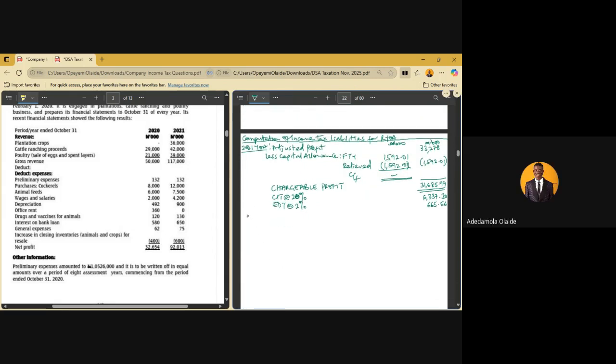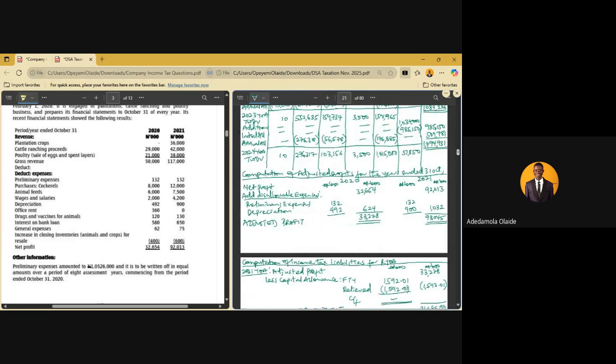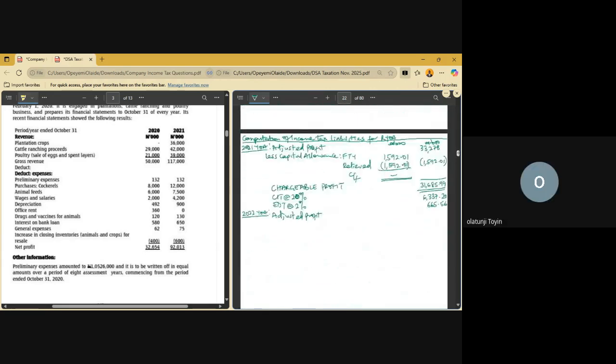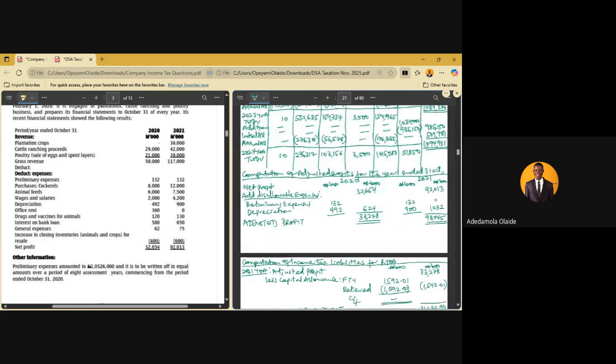Okay, 2022 year of assessment. We will have adjusted profits. We calculated the adjusted profit to be 93,045, not the net profit.